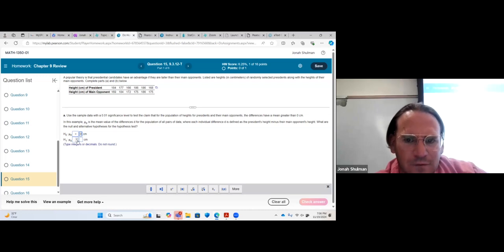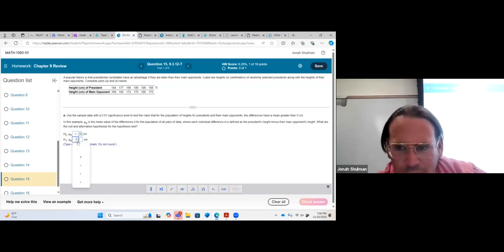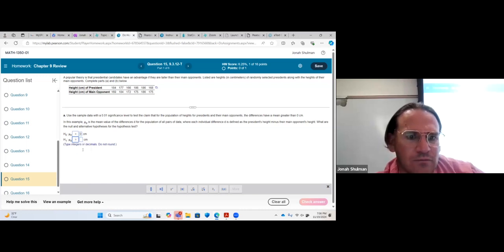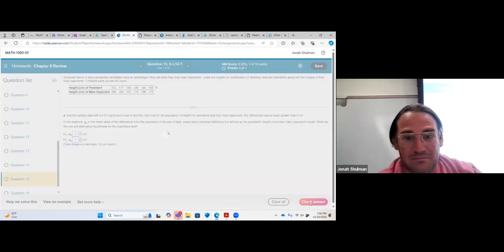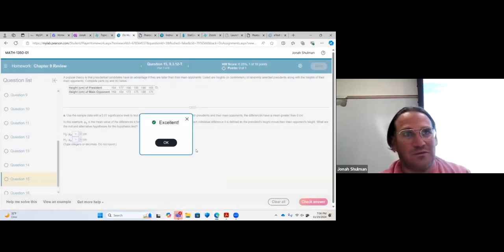And the alternative is that the difference would be greater than 0, because we're saying that the president is taller. So president minus opponent would be greater than 0. Was that okay? I think I did that right. Well, we're about to find out. Did that make sense?